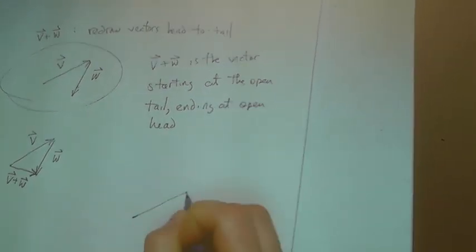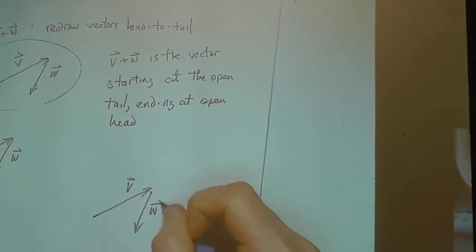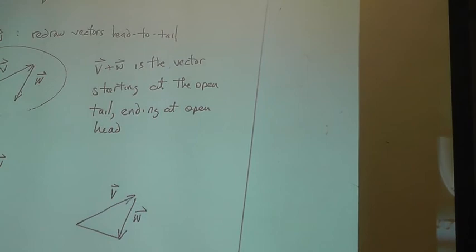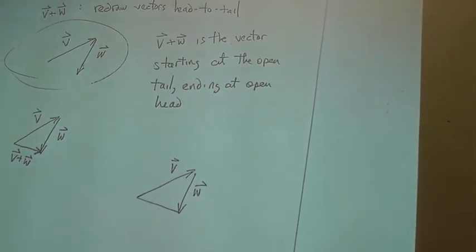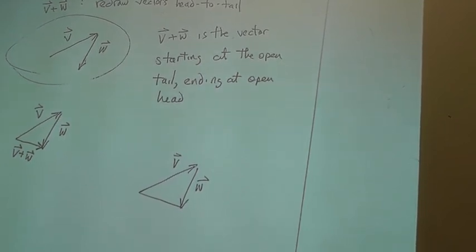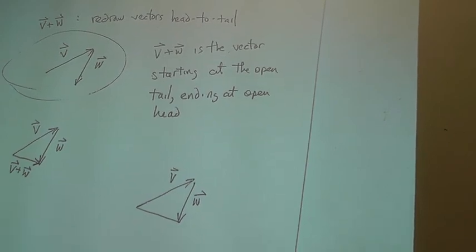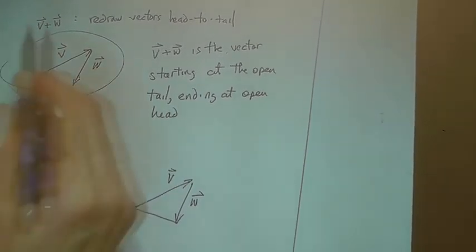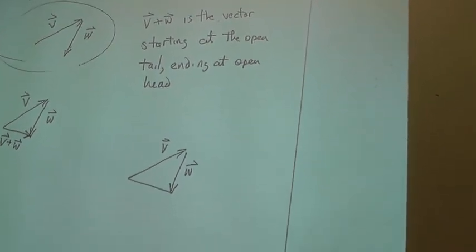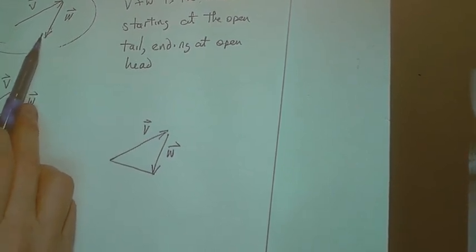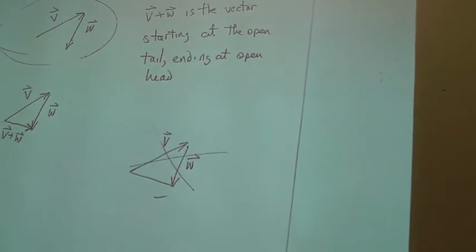If you draw this, that's wrong because there's no arrow, there's no direction given. So if you're asked to draw V plus W, you've got to draw it, don't leave it set up like this, and you've got to give a direction.